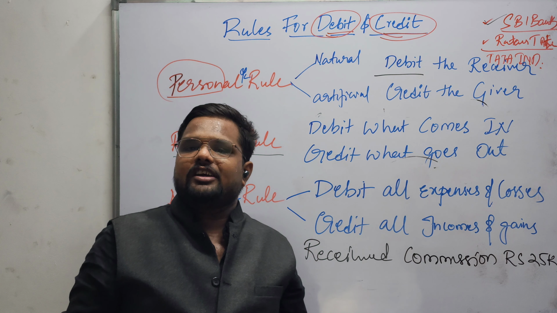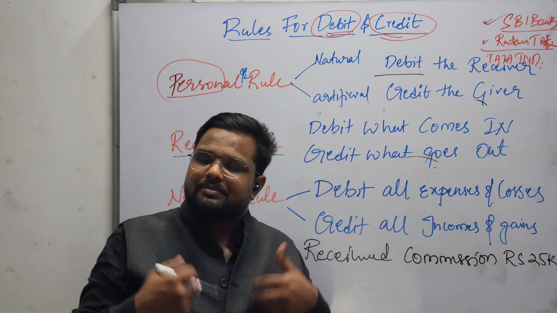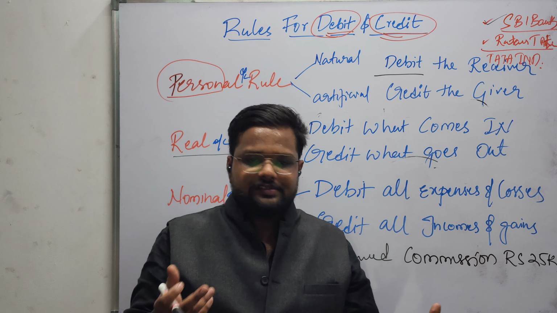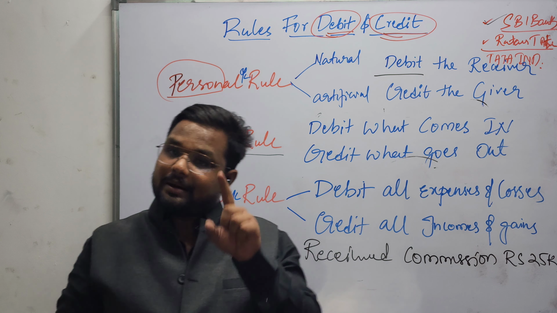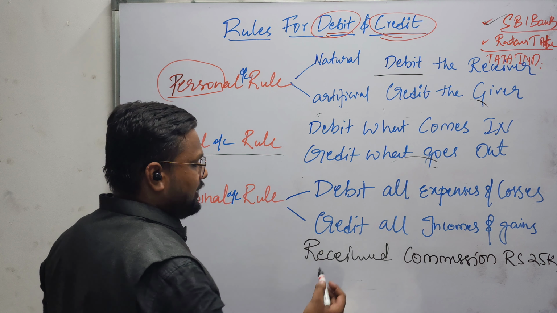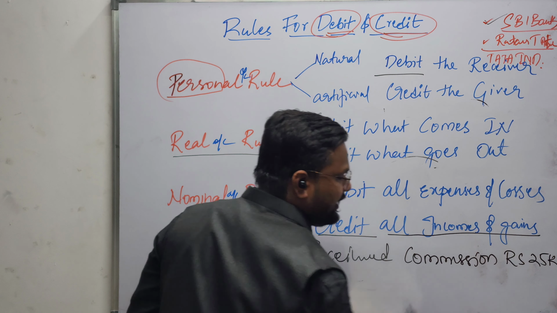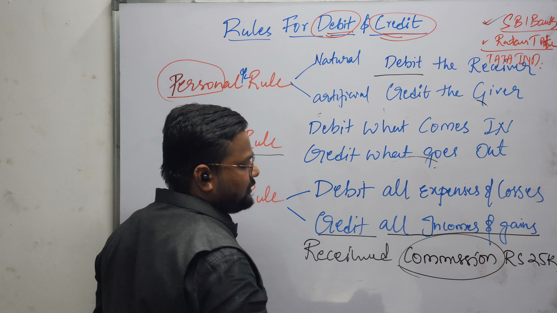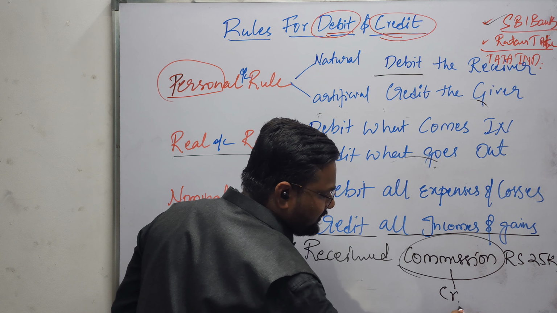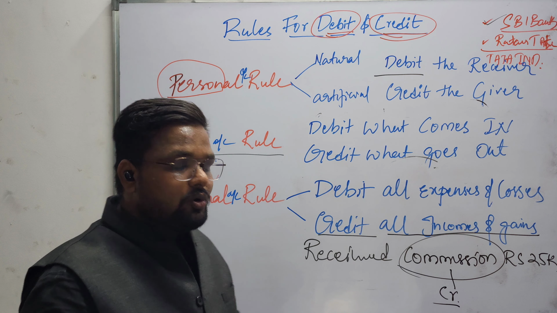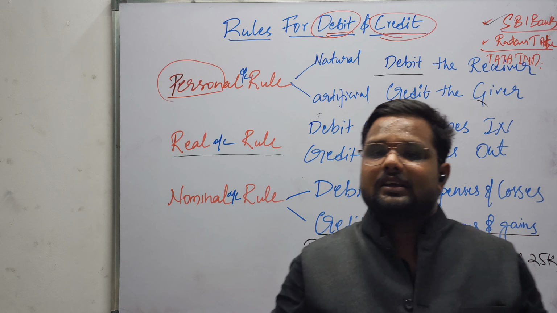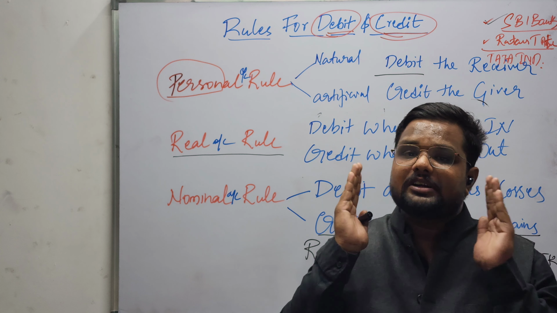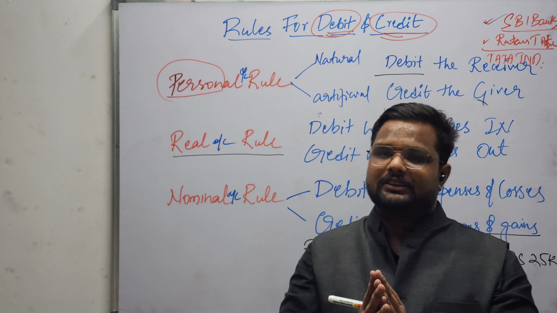Whenever you are receiving the commission, that commission is a benefit for you or not? Yes, you are receiving the commission. So commission is an income. So credit all incomes and gains. Now commission is an income for us, so credit this commission. So this is only an introduction class. In this class, students, I want you just to remember the rules for debit and credit.